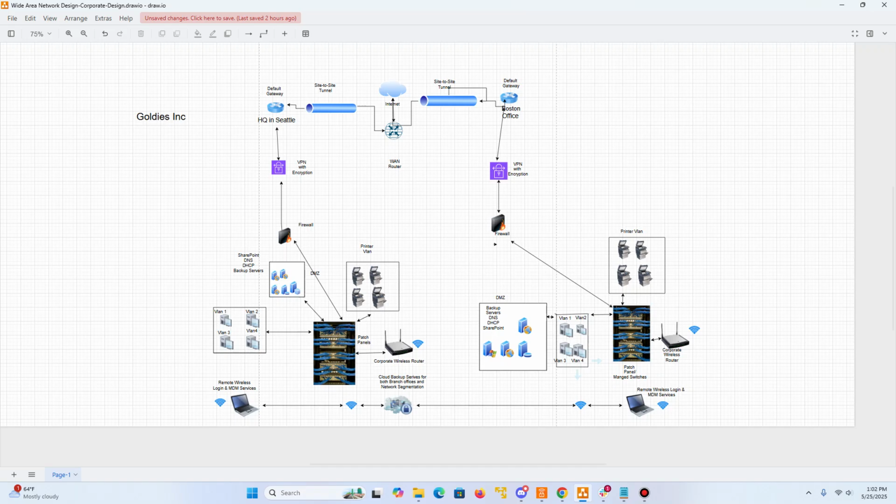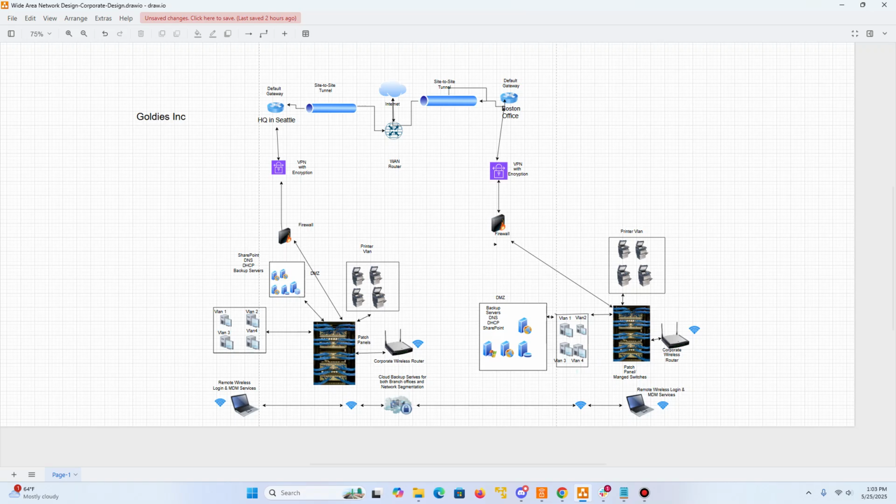And then we move on to our demilitarized zone. Our demilitarized zone is like a protective castle. It protects the most sensitive data that's available. So number one, we have our backup servers.